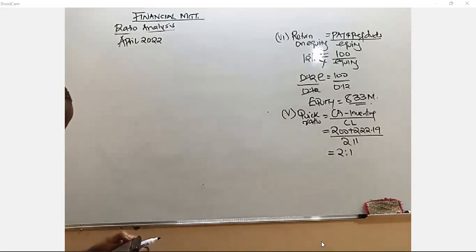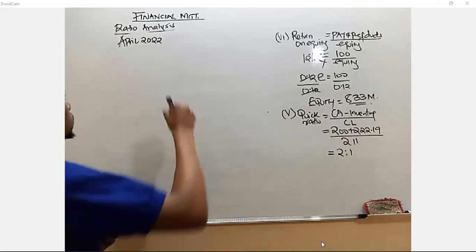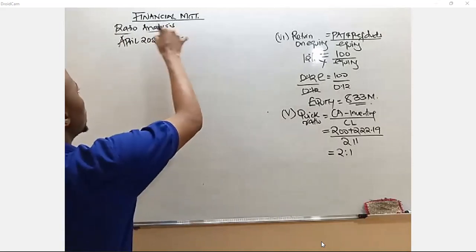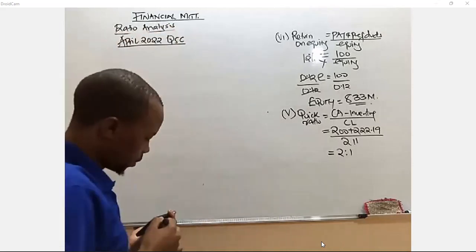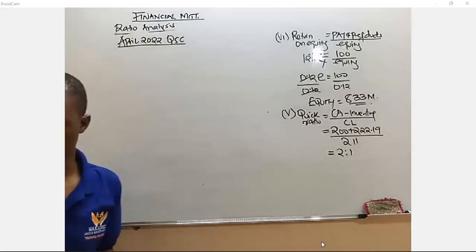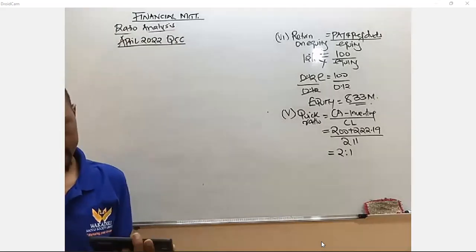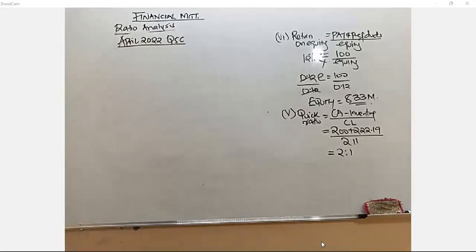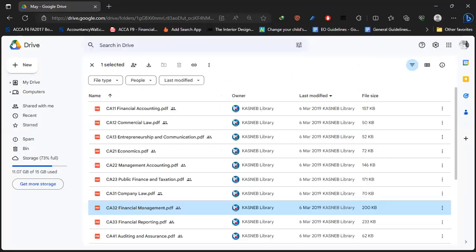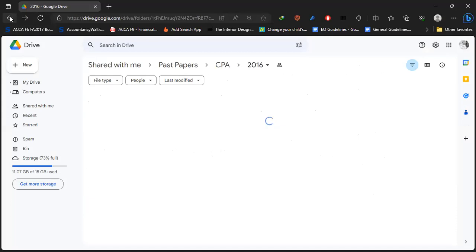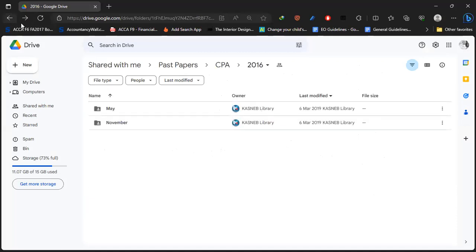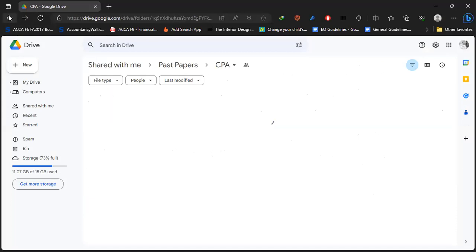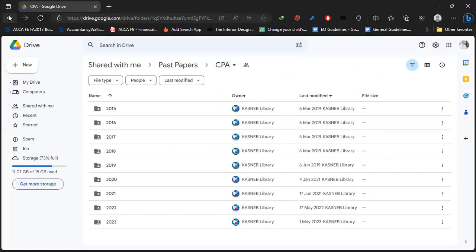It should be question number 5C. That is April 2022, question 5C. So let us do that question as we wrap up, so that I can give you an assignment.